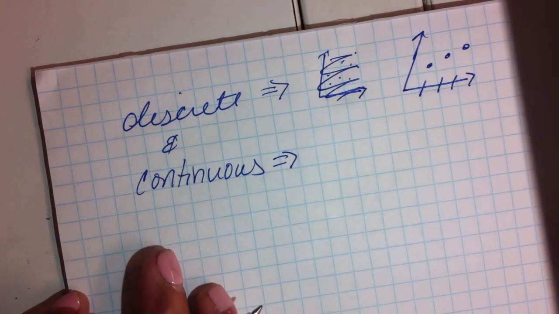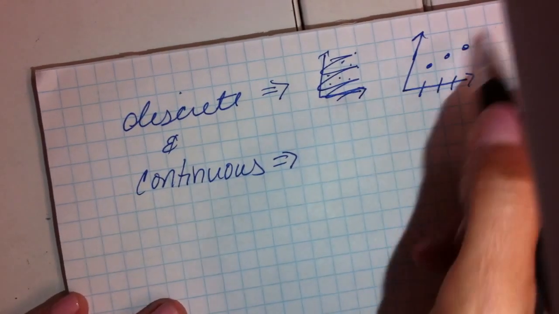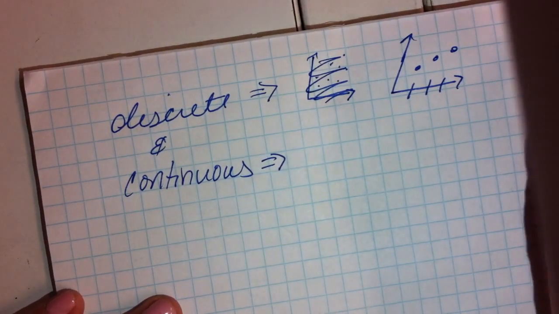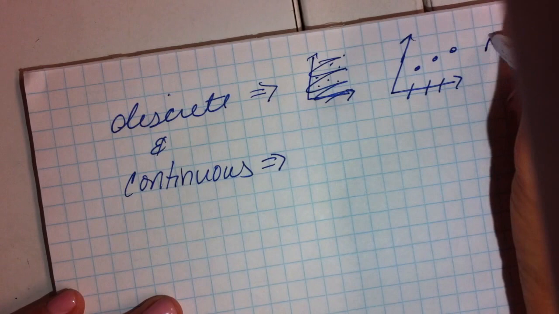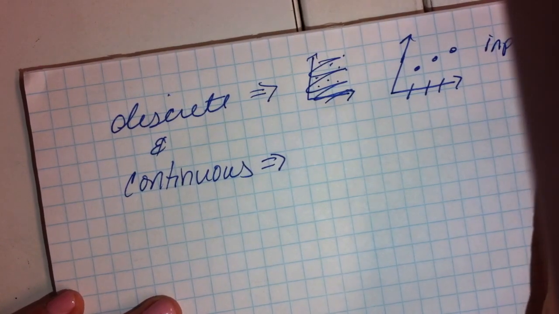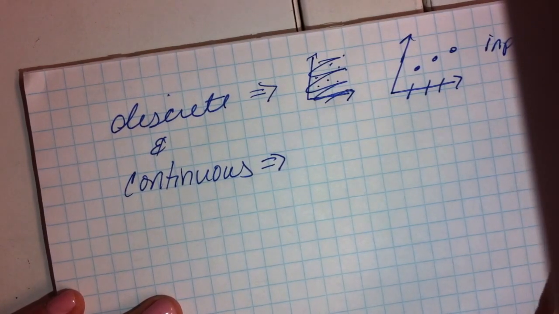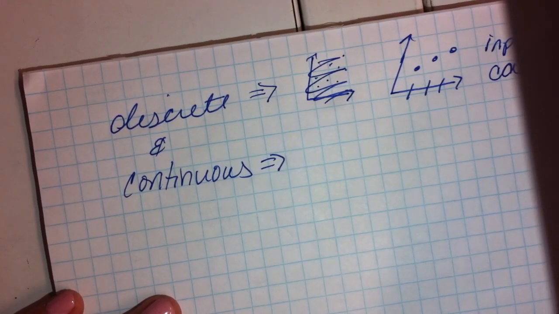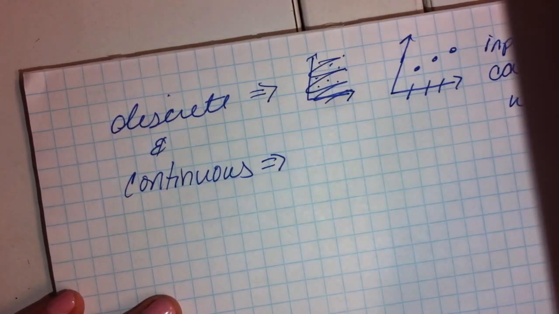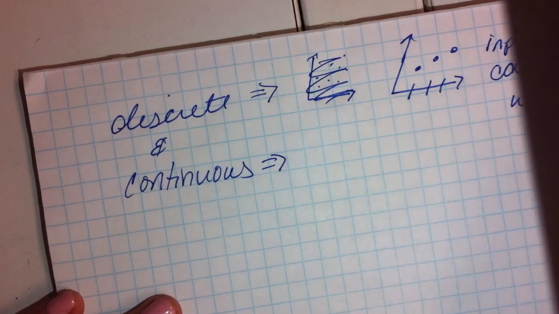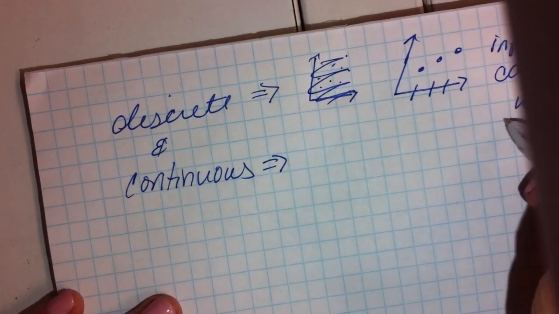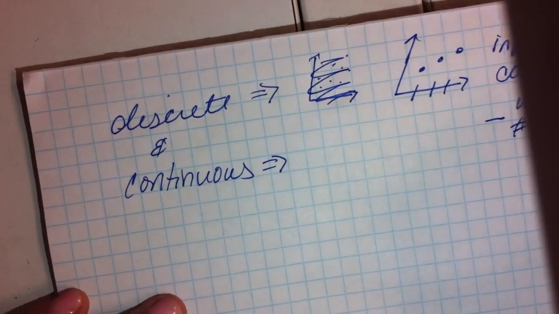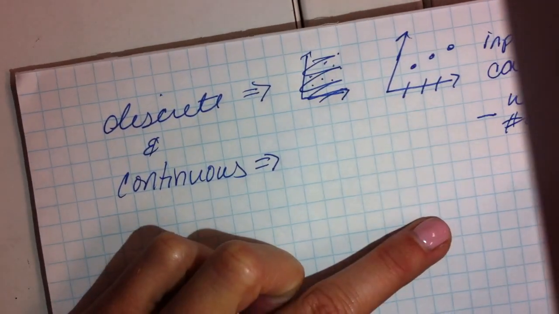These are dots, so you do not connect them. The reason that they're dots is because this is when your input data, which is also your x, can only be whole numbers. For instance, if your input data is number of people, you can't have a half a person, so you have to have whole numbers.